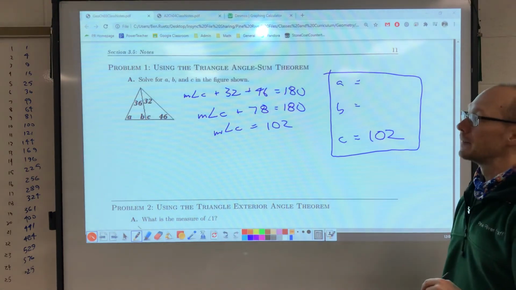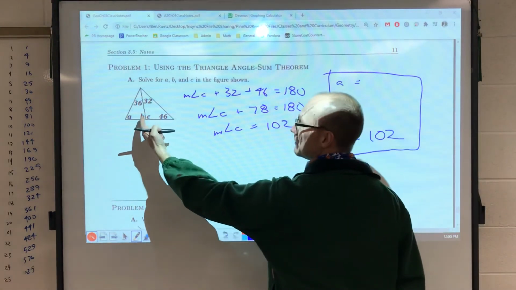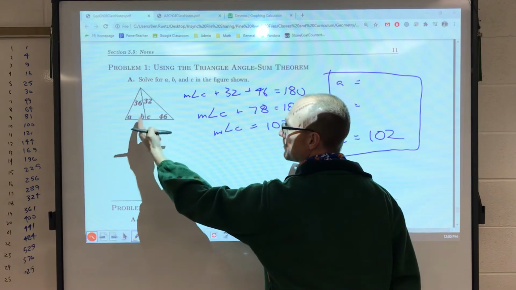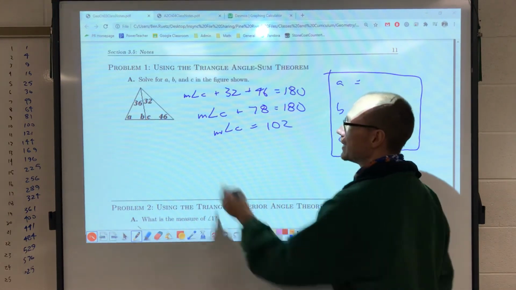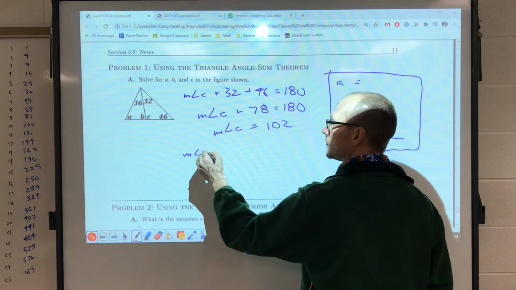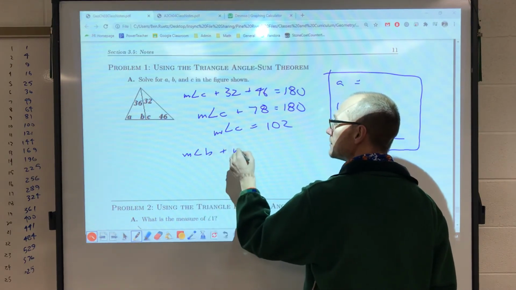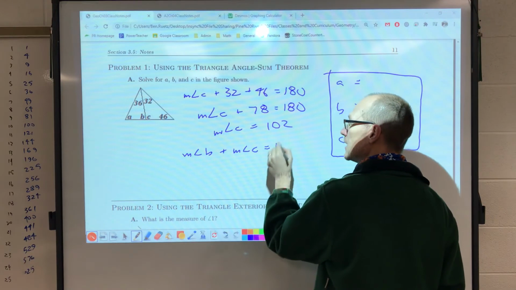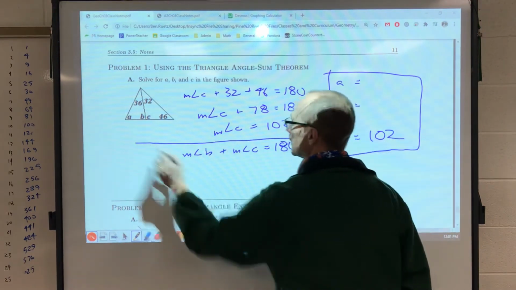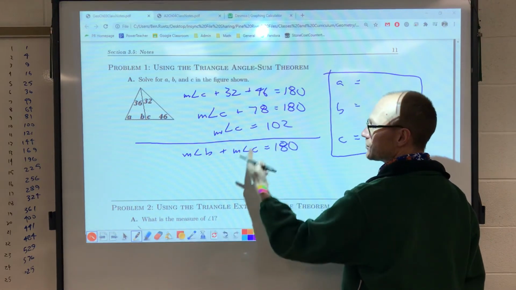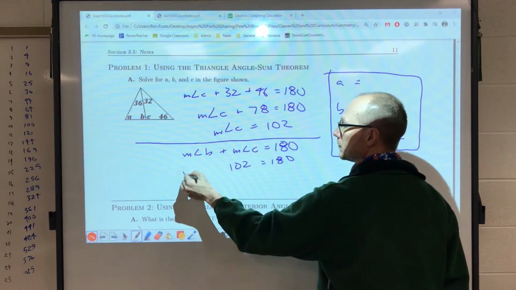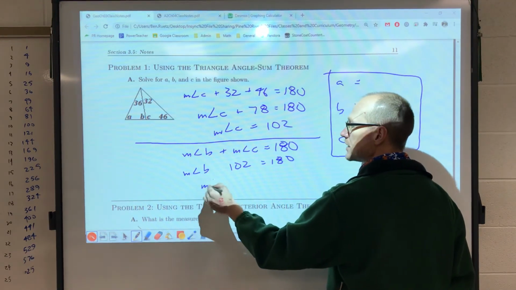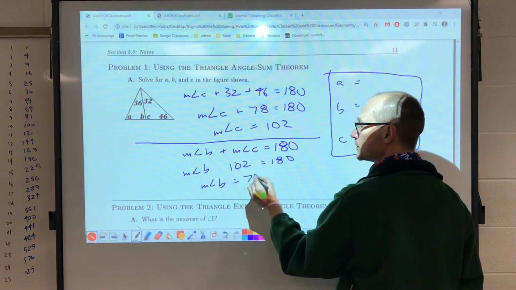Great. So if I know that's 102, doesn't that mean that B and C have to add to be 180? So the measure of angle B plus the measure of angle C equals 180. So let me substitute 102 in for angle C. And I see the measure of angle B equals 78.